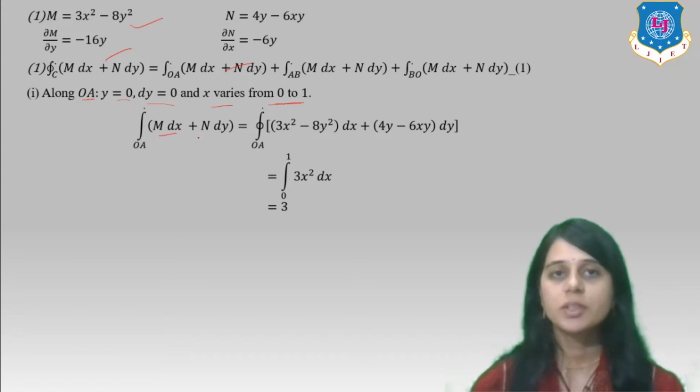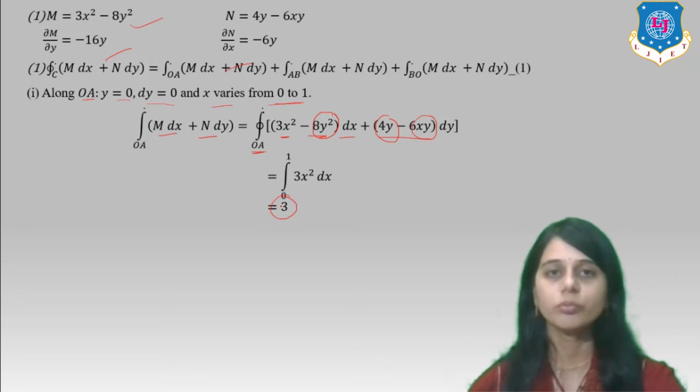The integration of M dx plus N dy over the OA path, with M equal to 3x square minus 8y square, is the integral from 0 to 1 of 3x square dx, because y is 0. So we have only 3x square dx. The answer is 1, so the integral over the OA path is 1.